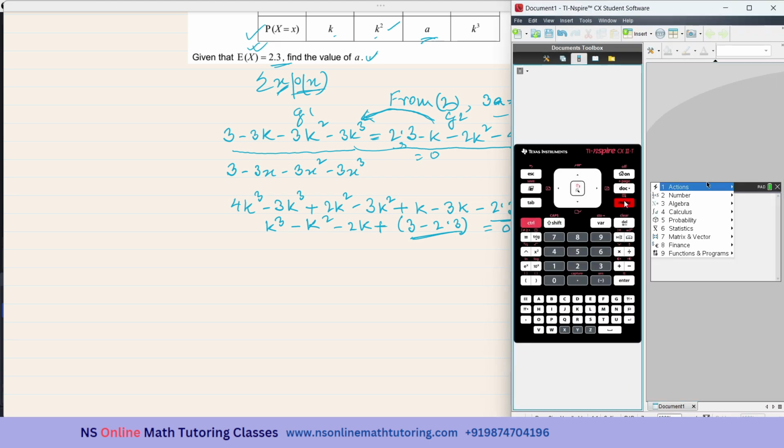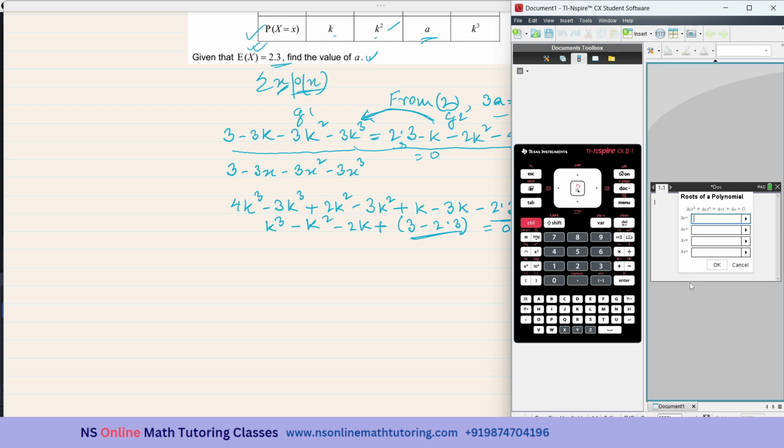So it is menu and then algebra, option 3, and then polynomial tools. So again the option 3 and find real roots of polynomials. So option 1 and degree it is 3. So I'll be pressing 3 and real roots.